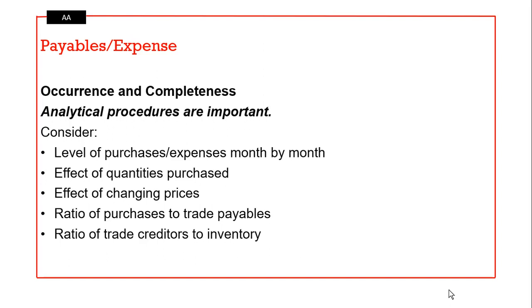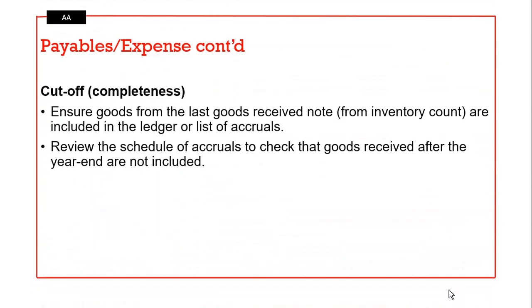And if there is a big variance, you want to ensure that it is followed up. Ratio of trade creditors to inventory, again, you want to bring some expected value there, so that if what you have is different from what is shown, you make some further investigations.